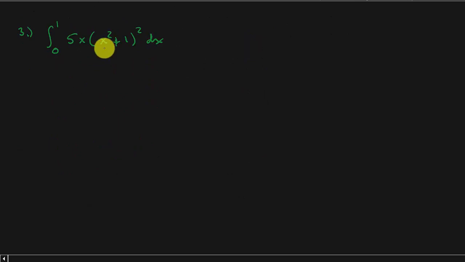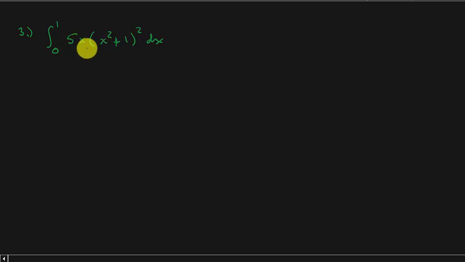All right, so this one, if you remember, we're going to do U-substitution. Okay, now remember with U-substitution, if you have parentheses, look inside the parentheses. What's the derivative of inside the parentheses here? It's 2x. Well, does that match this out here? No. The derivative of this is 2x.